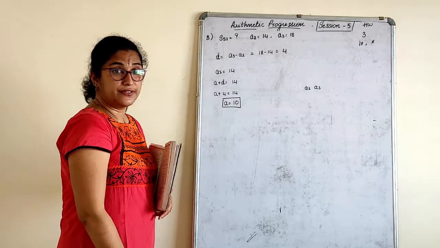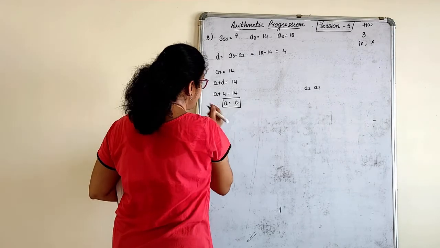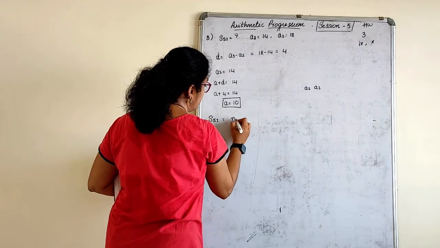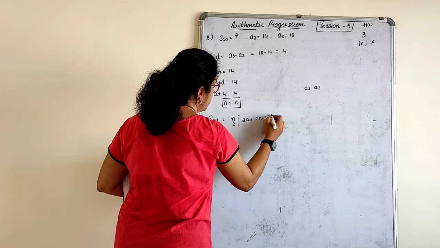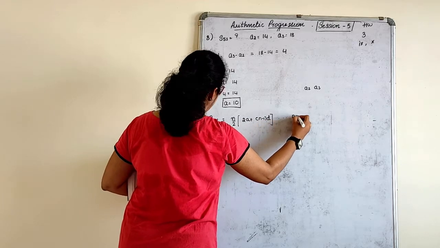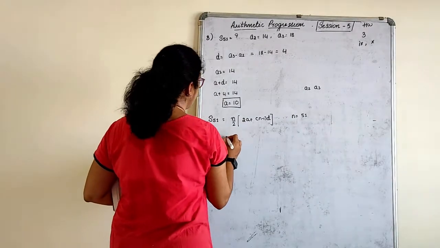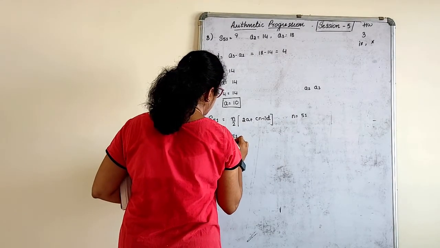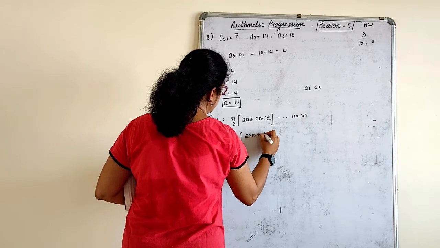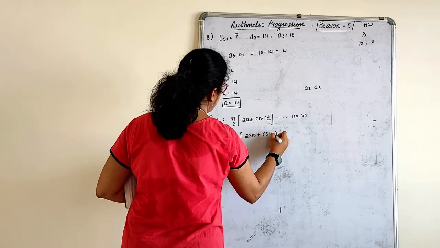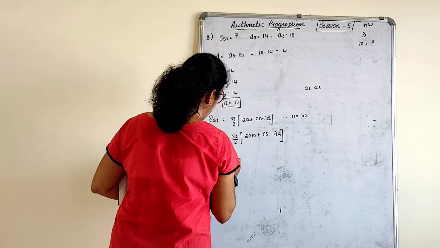Now can I find S51? In S51, n by 2, 2A plus n minus 1 of D. What is your n value, children? n value is 51. 51 by 2, 2 into 10 plus 51 minus 1 of D, the common difference is 4.